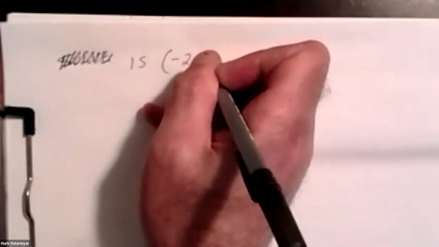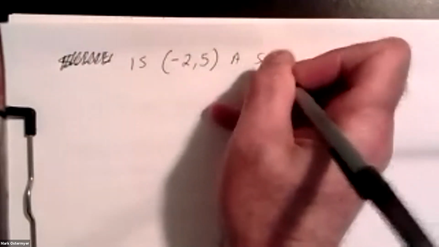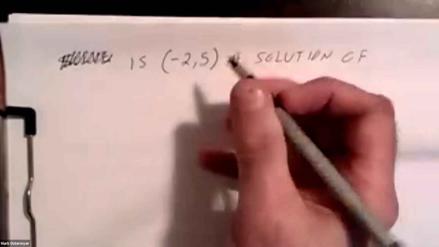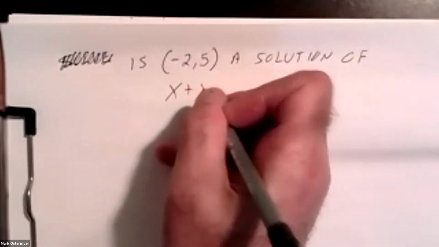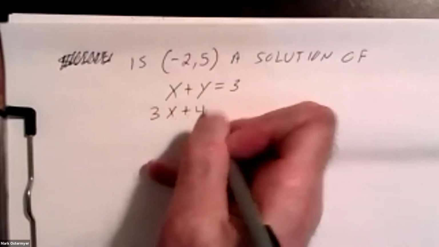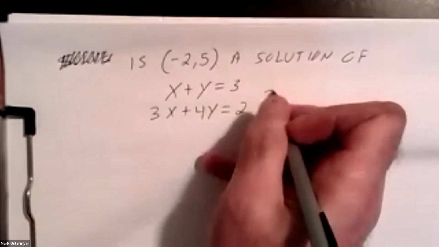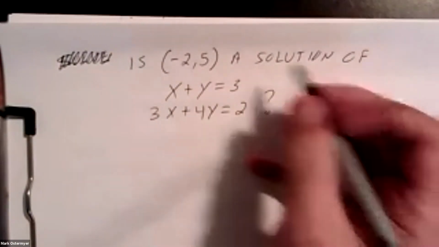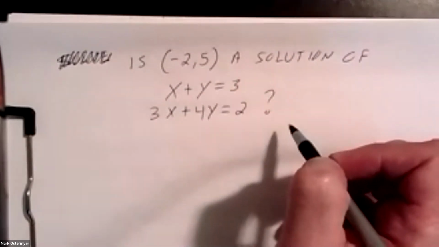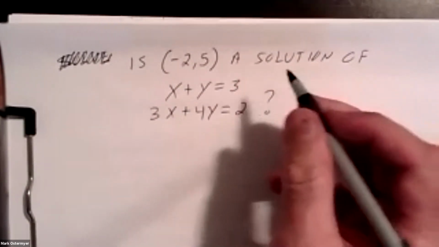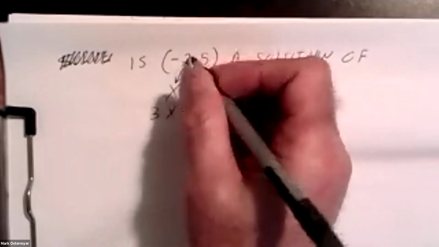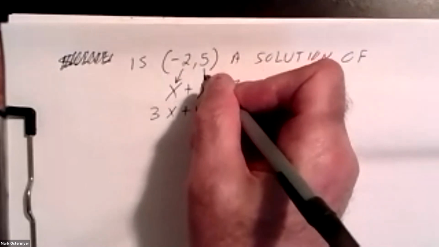Is (-2, 5) a solution of the following system? x plus y equals 3, 3x plus 4y equals 2. Well, to be a solution to this system, this ordered pair has to satisfy both of these equations. That's to say, I replace the x variable with the x coordinate -2, and the y variable with 5.